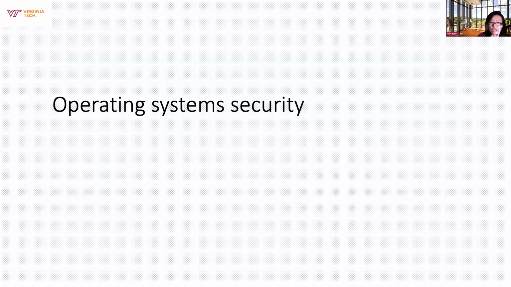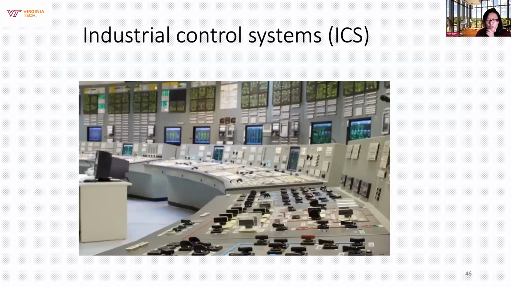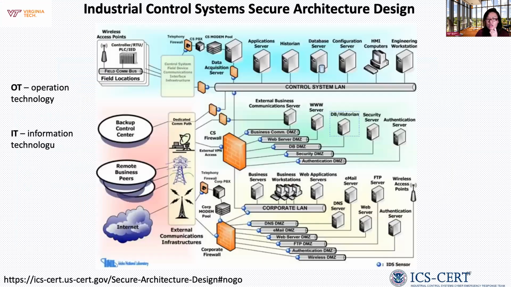And so I want to switch gears to talk a little bit more about operating system security. I'm thinking maybe we should start with CPS first because it's more interesting. Industrial control systems like this.